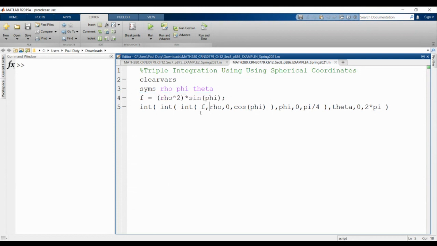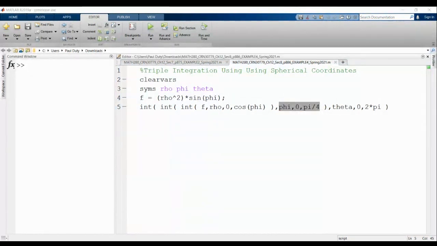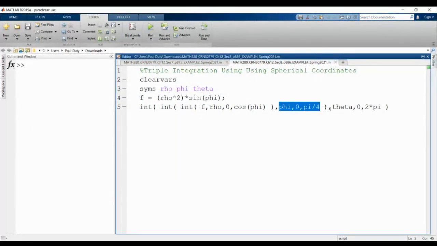And so the innermost integral is to integrate the function with respect to rho, and rho goes from 0 to cosine of phi. Next, you integrate with respect to phi. Phi went from 0 to pi over 4. And then finally, you integrate with respect to theta, and theta went from 0 to 2 pi.